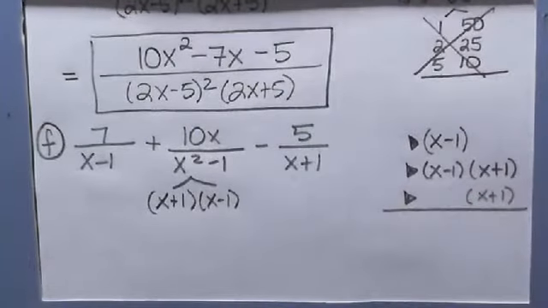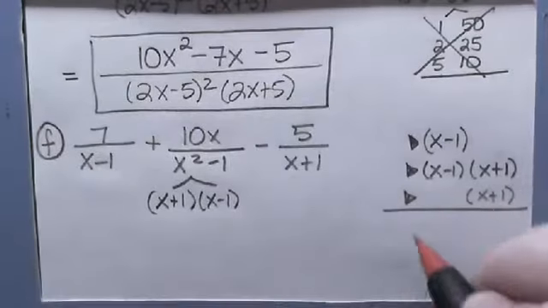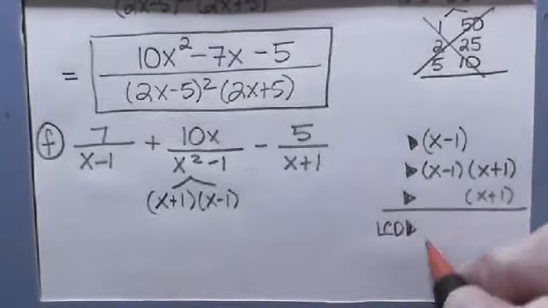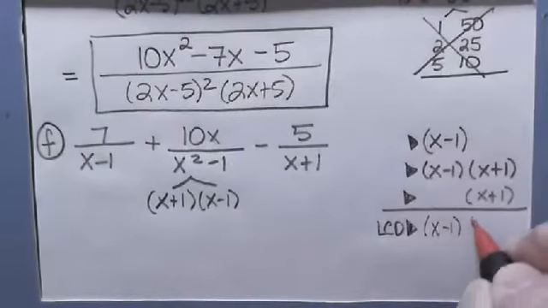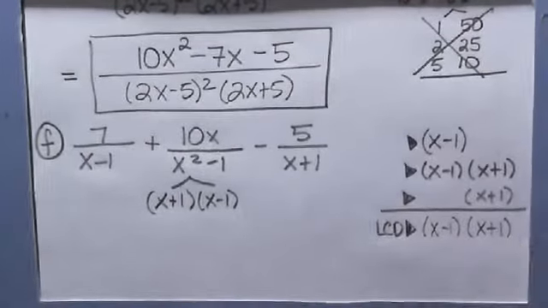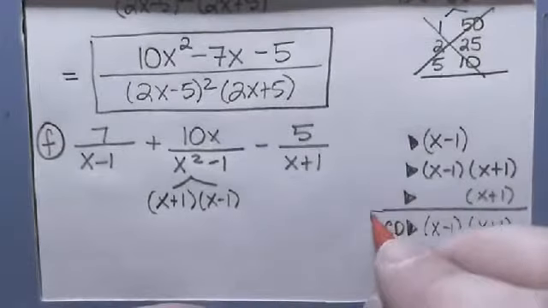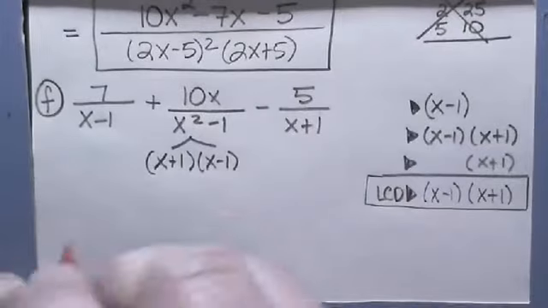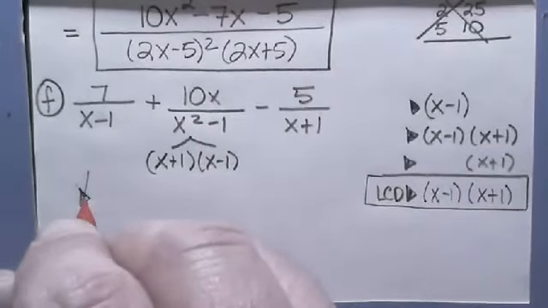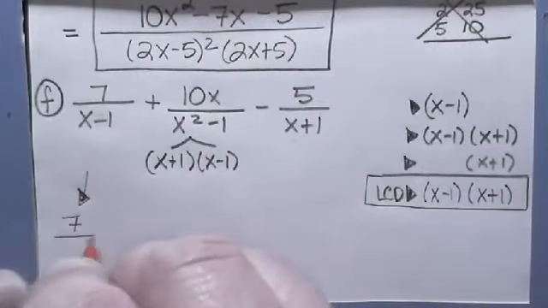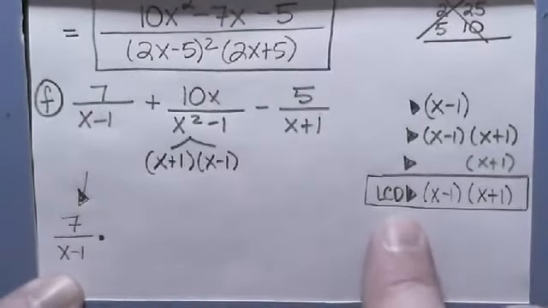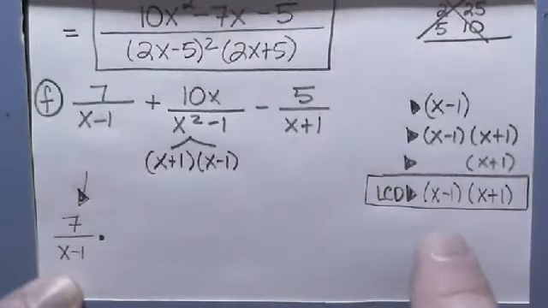Alright, now that I factored and lined up all my factors here, I'm going to find my LCD, which is x minus 1, x plus 1. Alright, now with this in mind, I am going to copy each of the fractions in its factor form. I'm going to compare this with the LCD and ask myself, what am I missing?